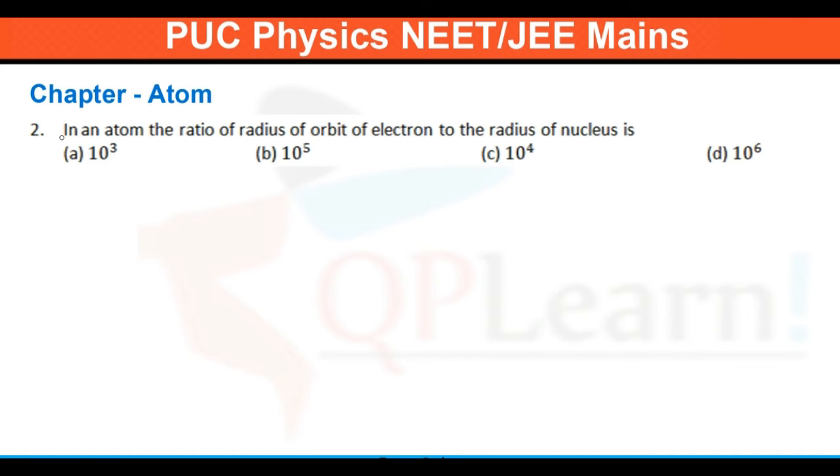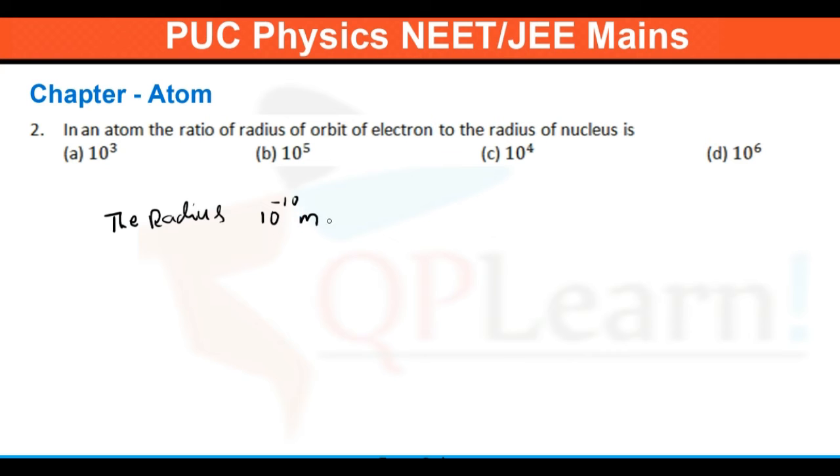In the second question, in an atom, the ratio of the radius of the orbit of the electron to the radius of the nucleus. So that ratio we have to identify. As you know, by the alpha scattering experiment, the radius of the orbit of the electron is nearly 10 to the power of minus 10 meter.